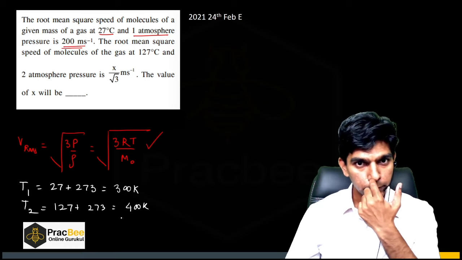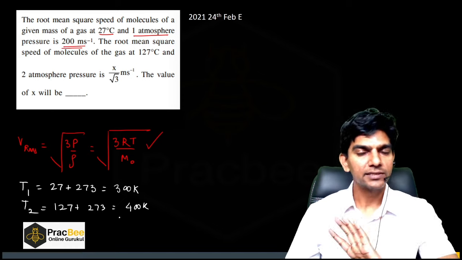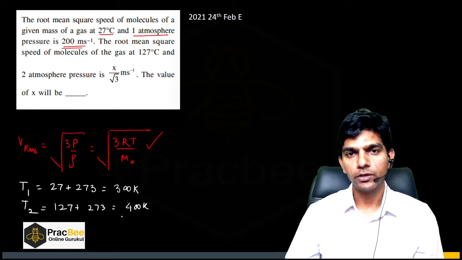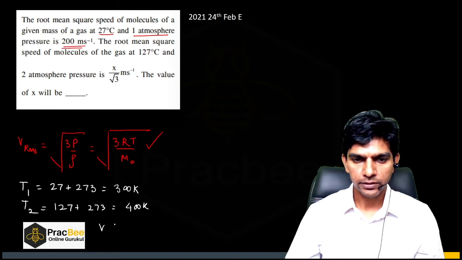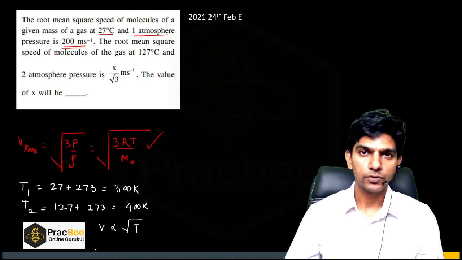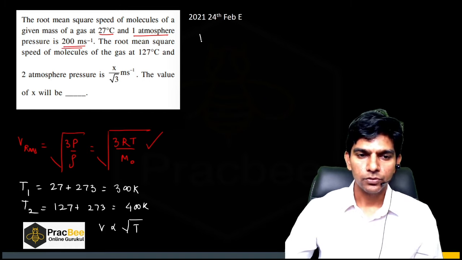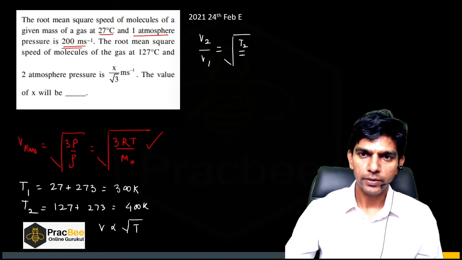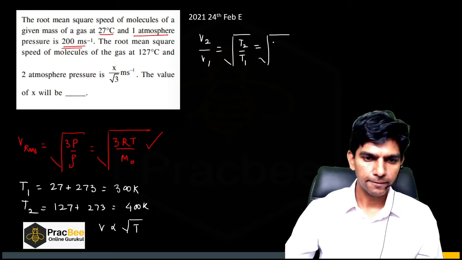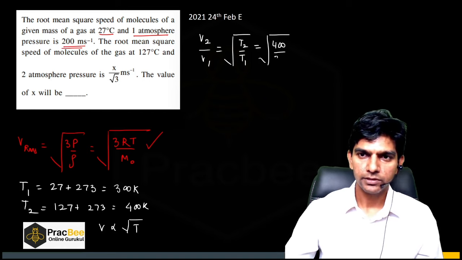Right. So we are not changing the gas. So if the gas is not getting changed, the molar mass will remain the same. So we can say V is directly proportional to the square root of the temperature. So we can use this proportionality. So V2 by V1 is nothing but square root of T2 by T1. Now let us substitute the values. So T2 is 400, T1 is 300.